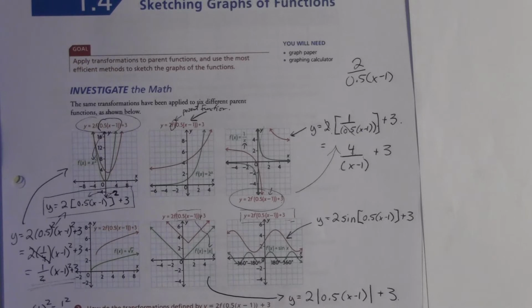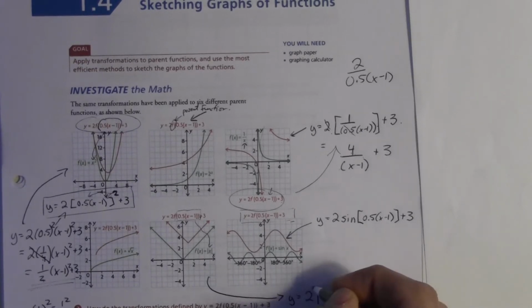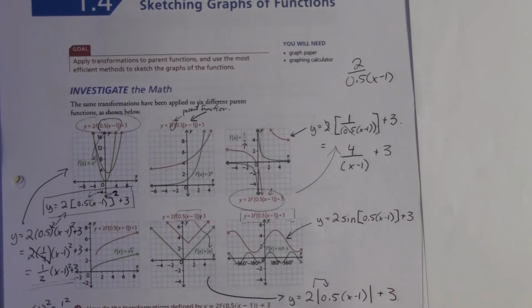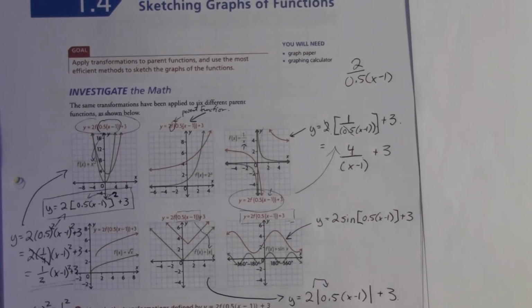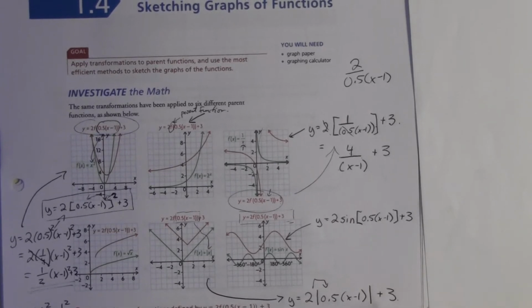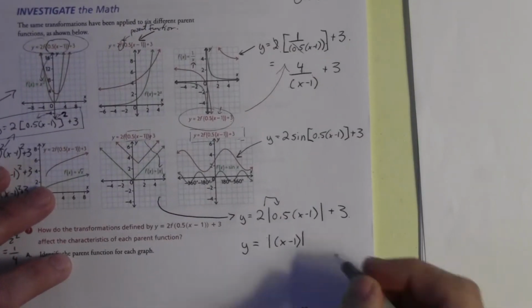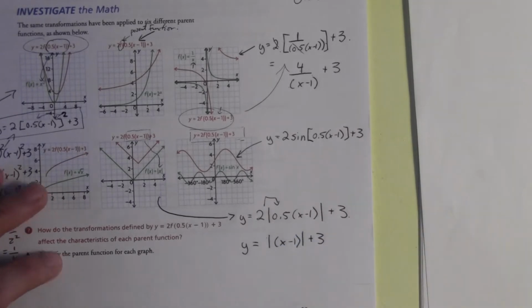How would you make that simpler? So 2 multiplied by 0.5 is 1. So this is going to be the same as this. It's not on the screen. Can you move it over a little bit?